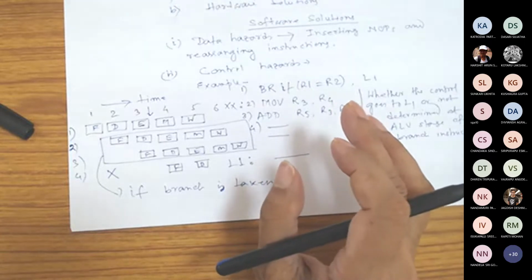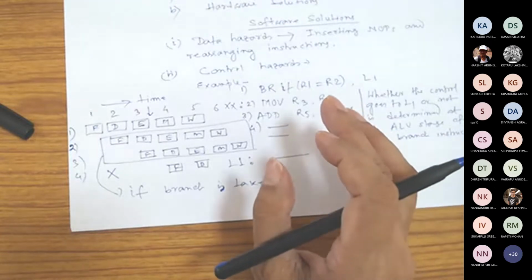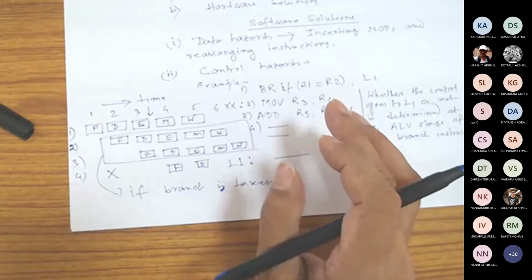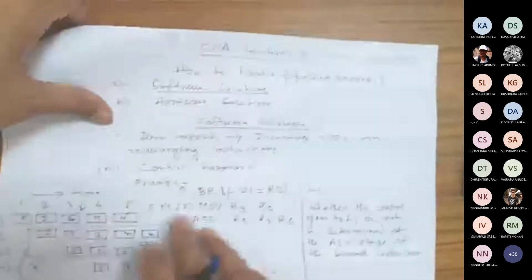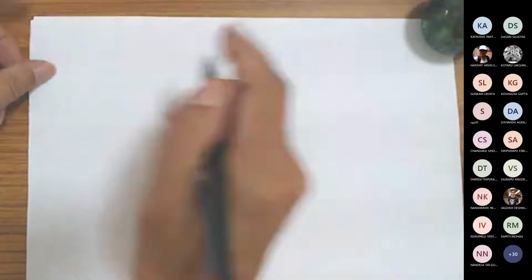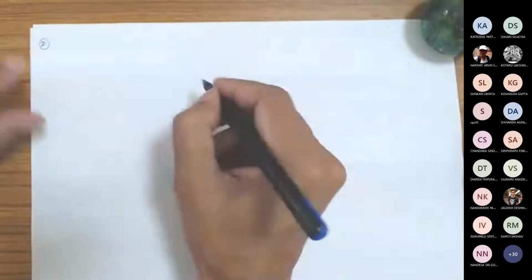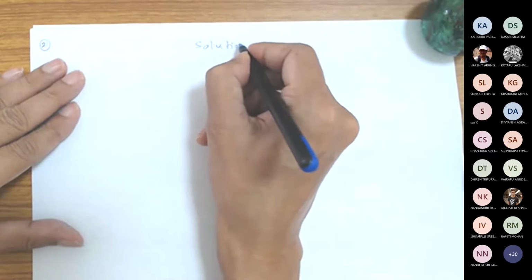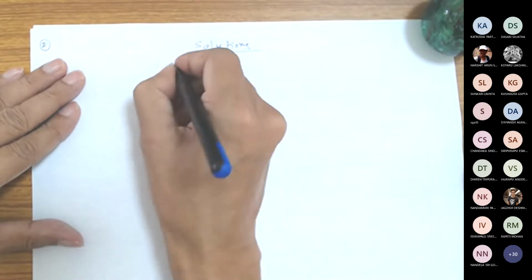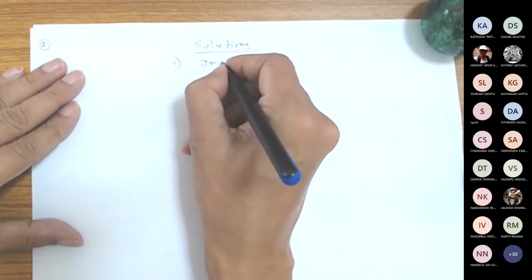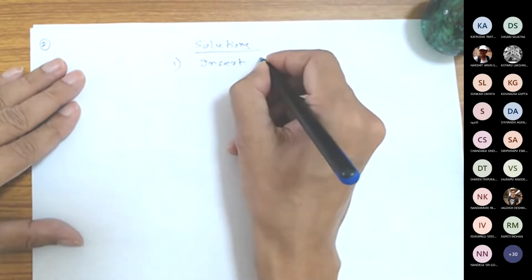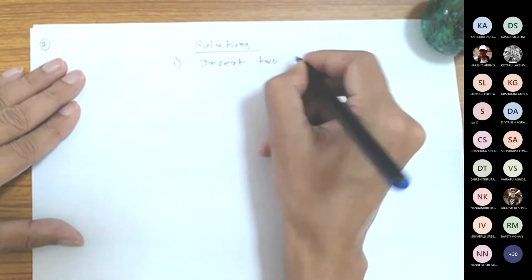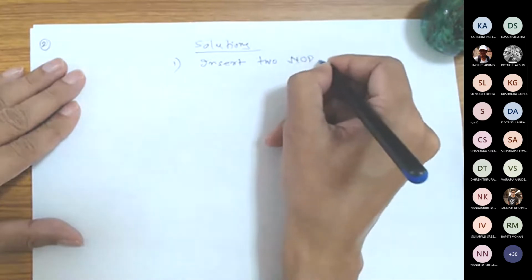We are not denying that it's not a solution, but it can be further improved. Okay, so the solution: insert 2 NOPs.